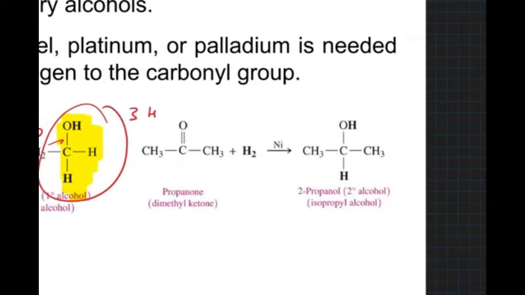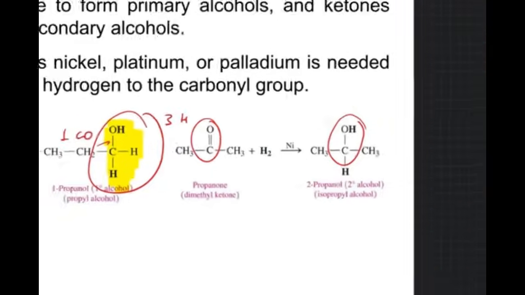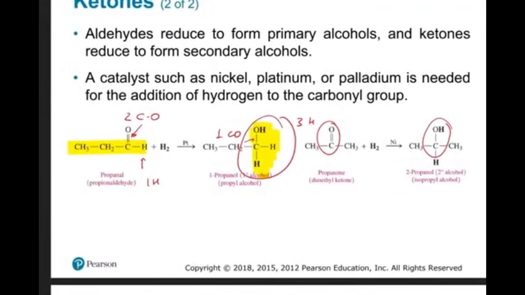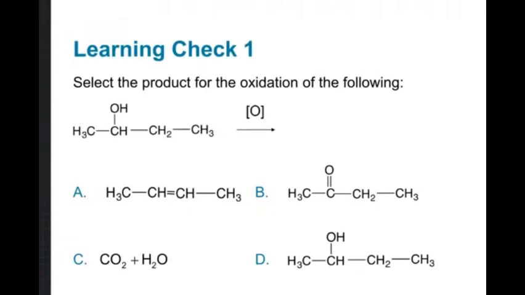When you reduce a ketone, you get a secondary alcohol. Make sense? So, let's figure out. This OH group is about to be oxidized. This is alcohol, primary or secondary?